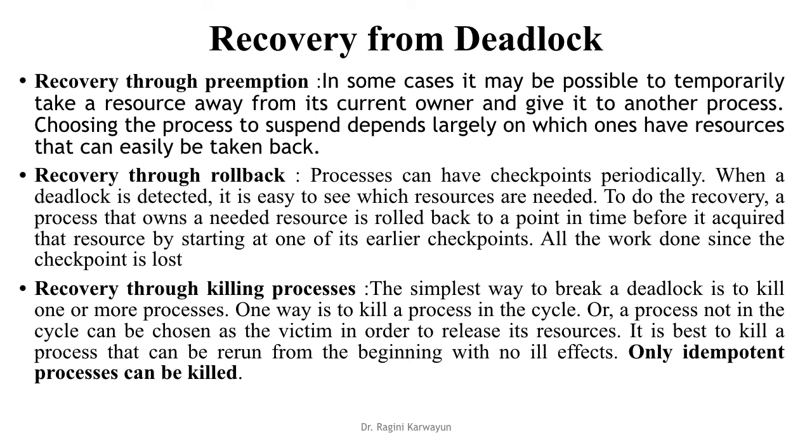So, such instructions, where irrespective of the number of times you execute them the result is the same, are referred to as idempotent processes. So, generally only idempotent processes are selected for killing when this particular method is used.